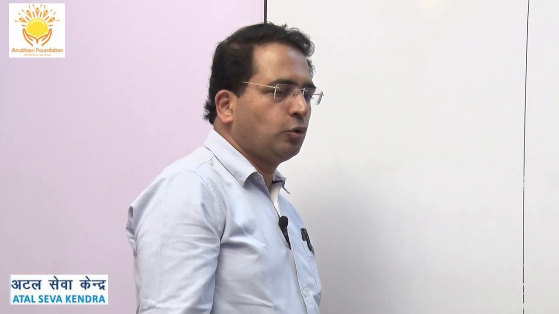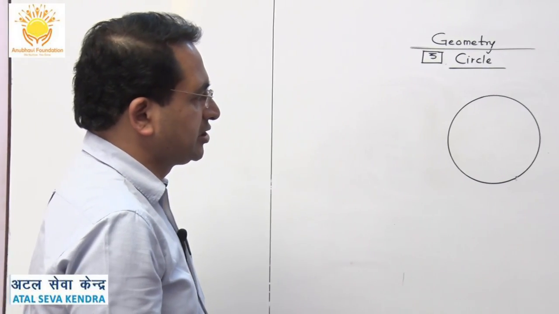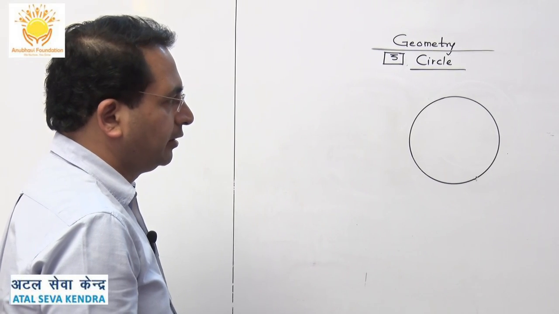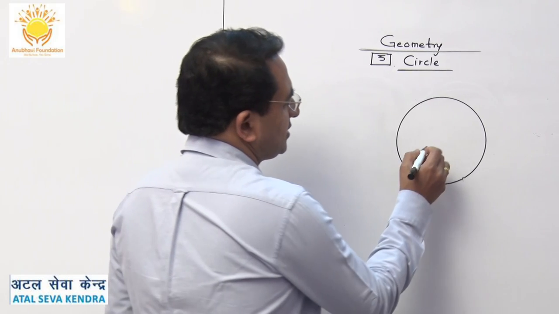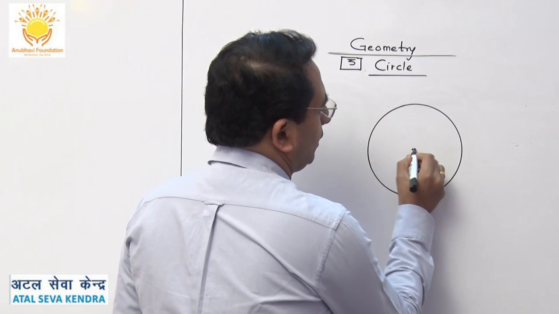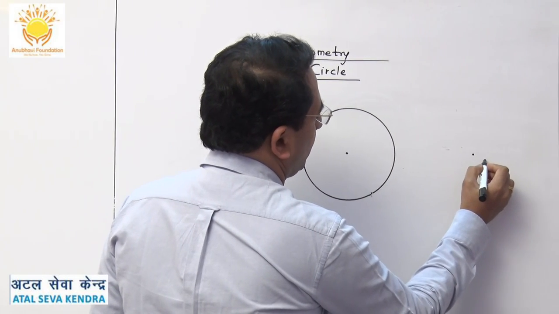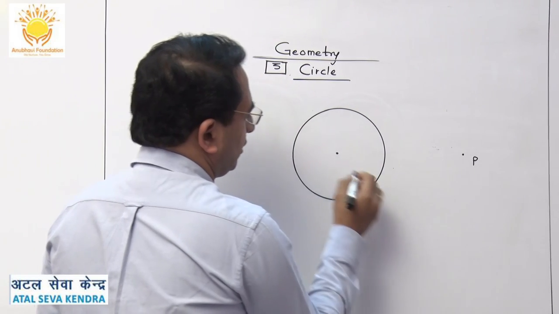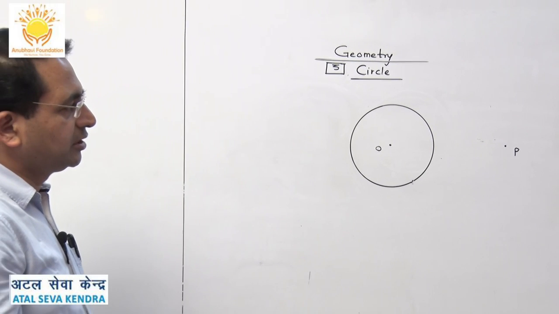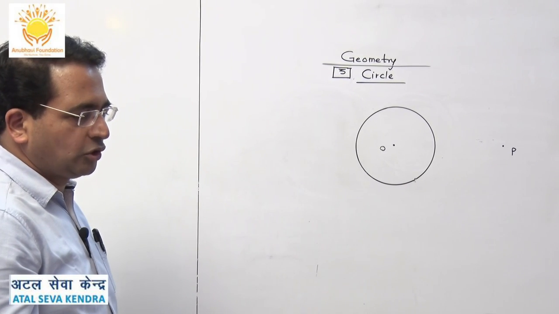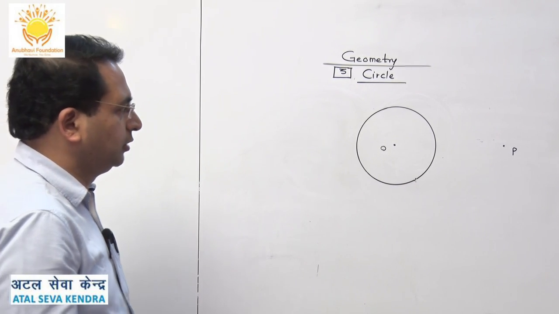Let us discuss the main important theorem of this year. Alternate years they ask you this proof. This is the center O of the circle and there is one point P taken outside the circle. Now there is some terminology called a tangent to the circle.